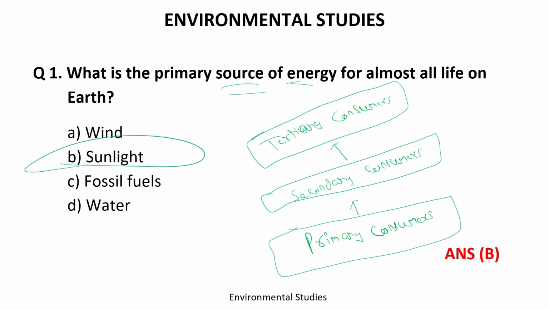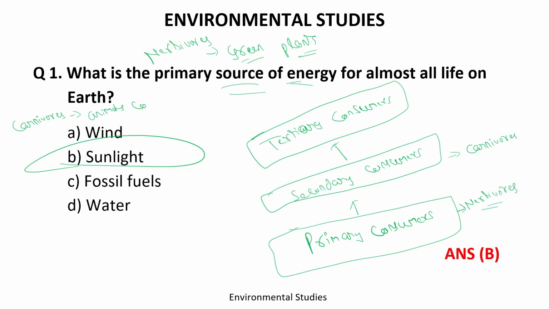The primary consumers are generally the herbivores, the type of animals which consume green plants. Secondary consumers are the carnivores, which are animals that consume other animals.